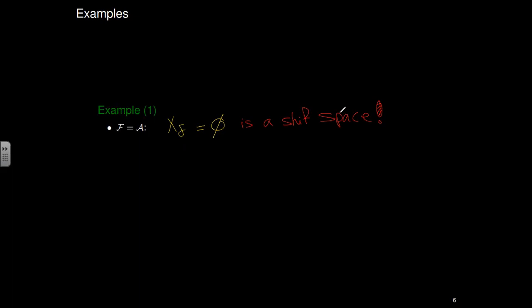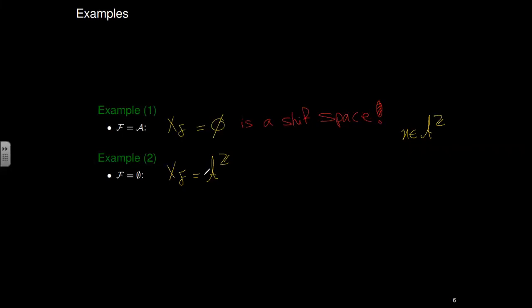Let's talk about another example. Second example. They are trivial examples. Let's suppose F is equal to empty. It means you don't delete anything from your space. You have your points and you will not delete anything from your full shift. So X_F in this case should be equal to the full shift A^Z.